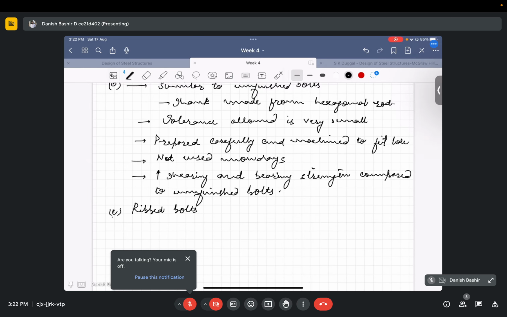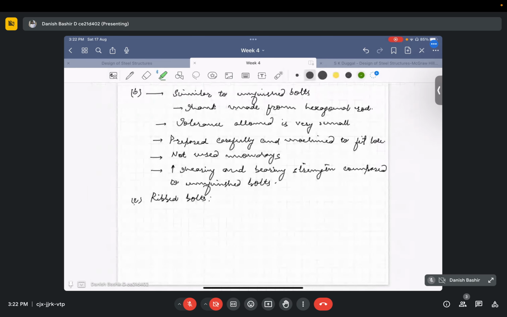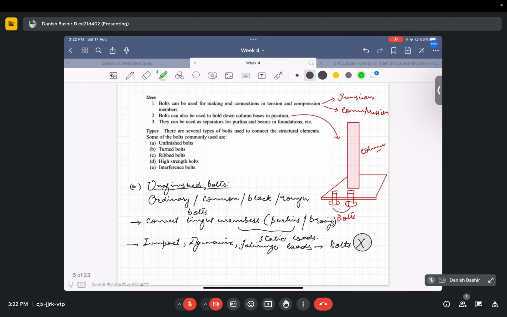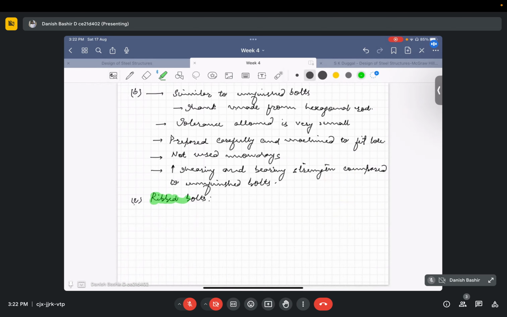Then there is one more, that is ribbed bolts. In ribbed bolts, unlike unfinished bolts and turned bolts, these bolts are also called fluted bolts. Why they are called rivet bolts is because their bolt head is like a rivet head, and the threads and the nut are provided on the other side of the shaft.